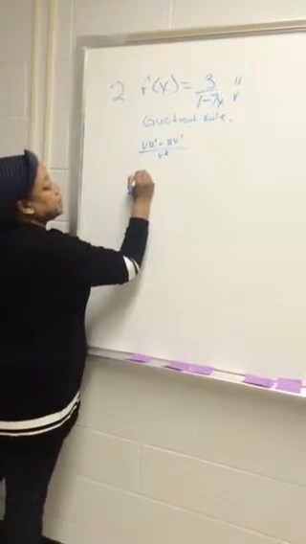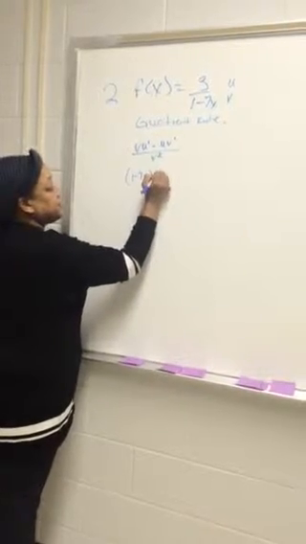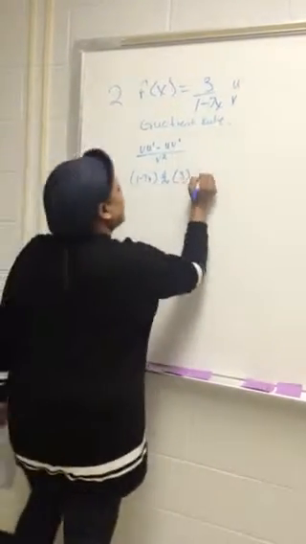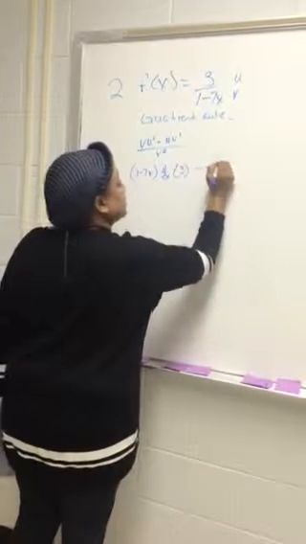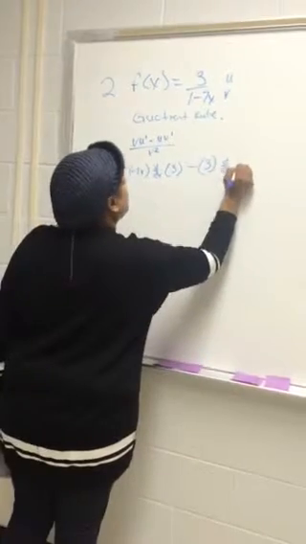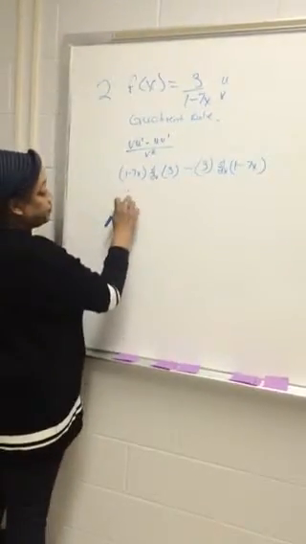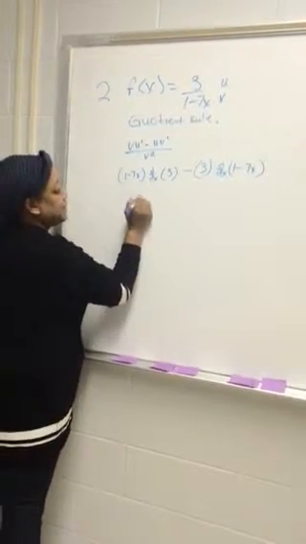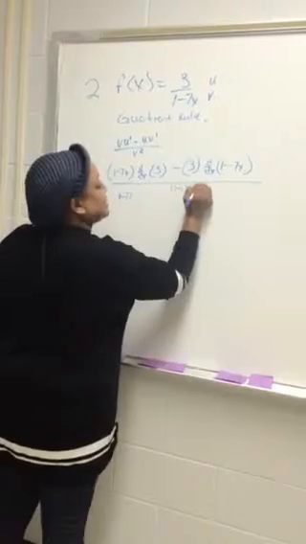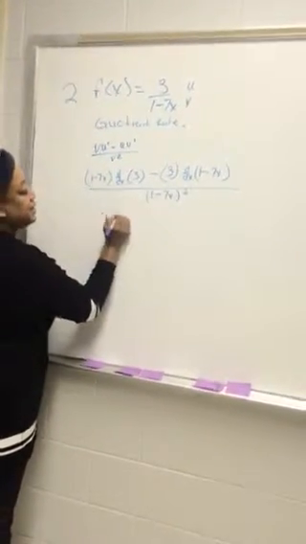It's going to be 1 minus 7x times the derivative of 3 minus 3 times the derivative of 1 minus 7x. Okay? So all of that is going to be over 1 minus 7x squared.